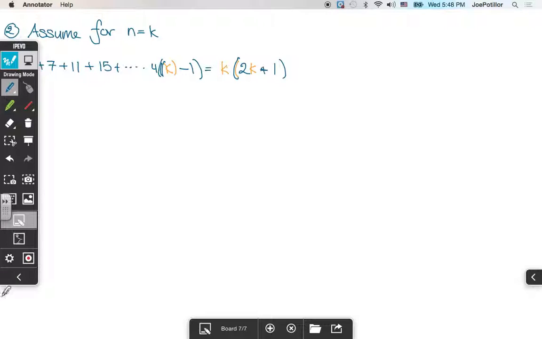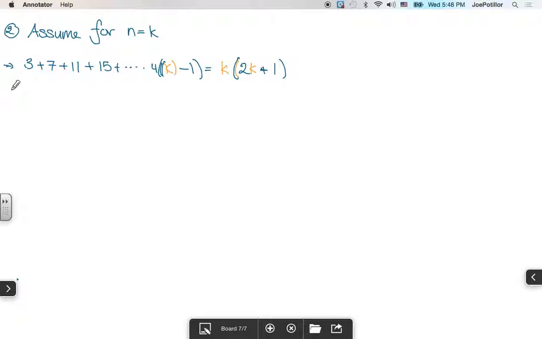Okay, easy enough. Step 3, we need to show n equals k plus 1. Right. So that means we're going to use a different color for k plus 1.